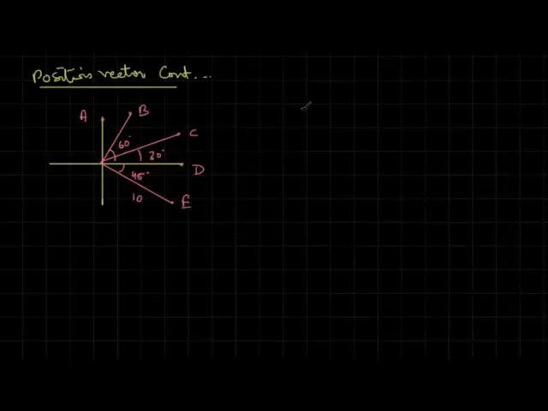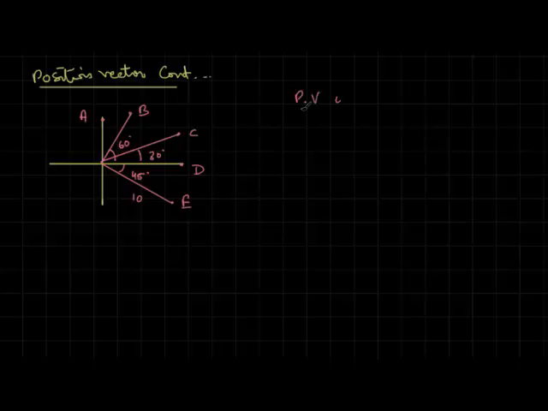So in this example, let's write the position vector of all these points. Also, position vector is represented by a symbol R. You can try it for yourself also.